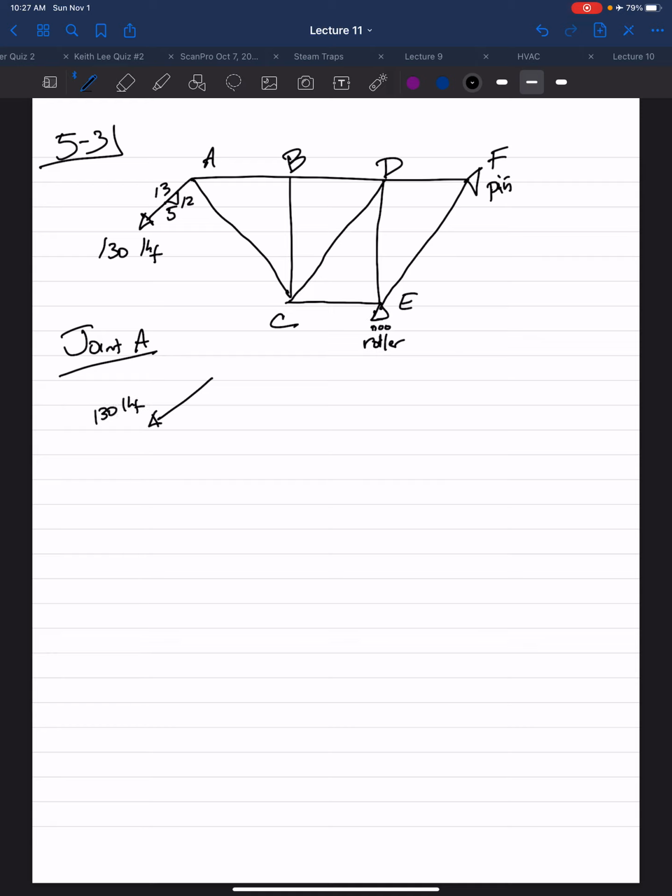And of course, for X and Y axis, this is our orientation. So we have the slope triangle 5, 12, 13. We have FAC. And we have FAB. Two unknowns, one known.